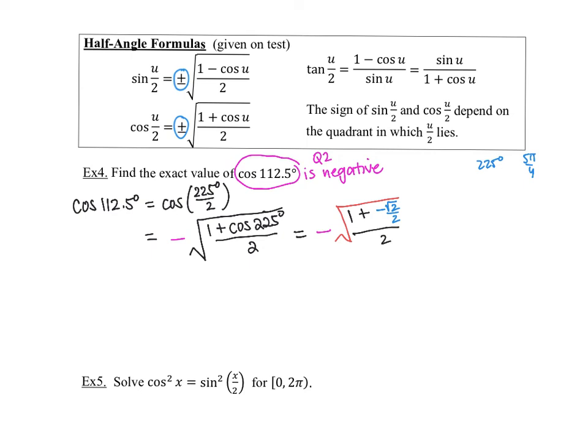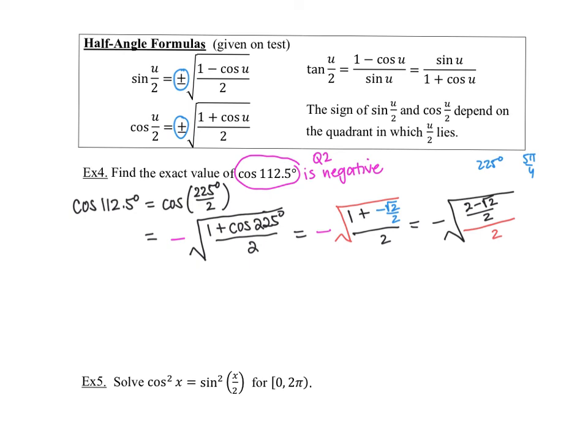Now how you simplify it from here is kind of up to you. I'm going to work with it and then you're going to figure out which steps work best for you. I'm going to do a common denominator on the top, so I'm going to make that 2 over 2 minus root 2 over 2. So that's 2 minus root 2 over 2. But then the whole thing is still over 2 because of that 2 in the formula.